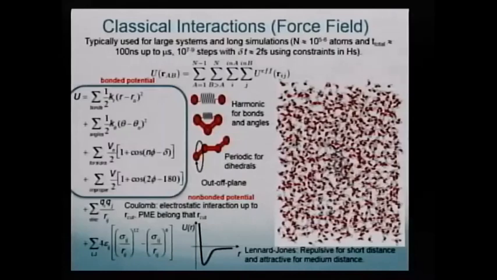Okay, so the interaction of two molecules, A and B, will be the interaction of the atoms of each molecule. I sum over all atoms in molecule A and all atoms in molecule B, make the pairwise atom-atom interaction, and when I interact all the molecules, I will have the total energy of the system.